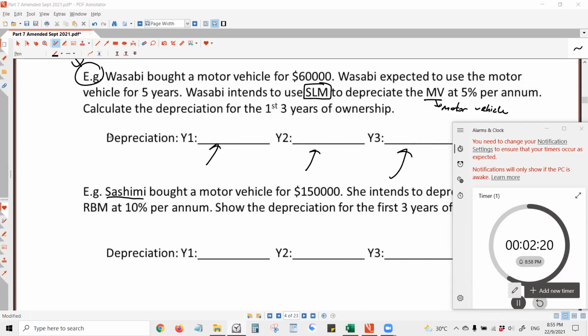Second one of you is done. Good. 1.5 minutes left.